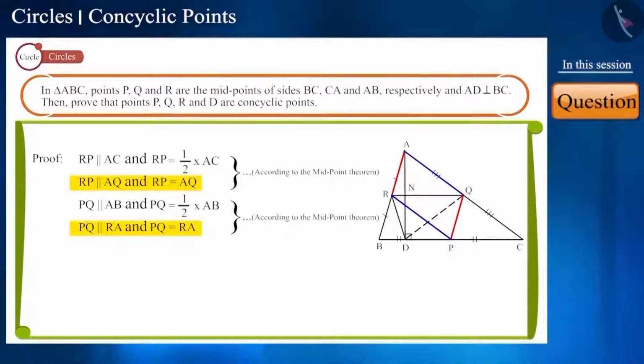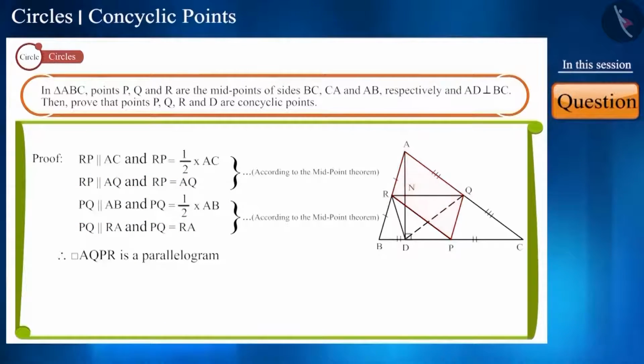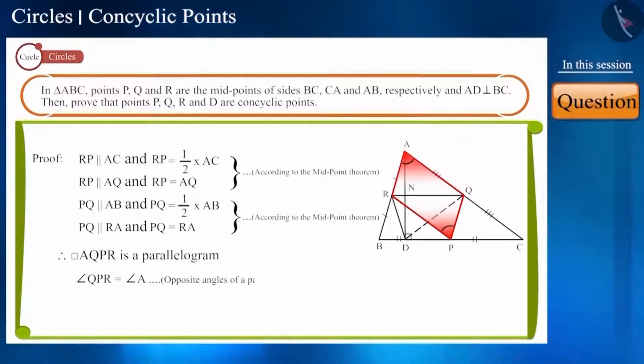The opposite sides of the quadrilateral AQPR are equal and parallel, therefore it will be a parallelogram. Opposite angles of a parallelogram are equal, therefore angle QPR and angle A will be equal. Let's call it equation 1.